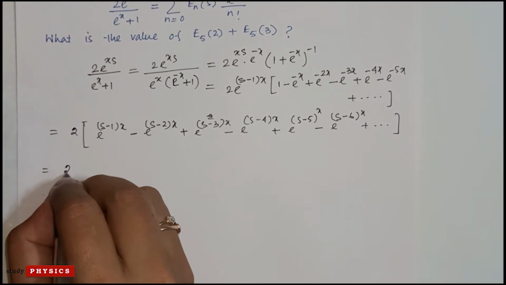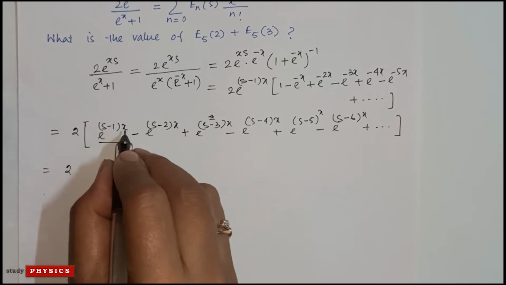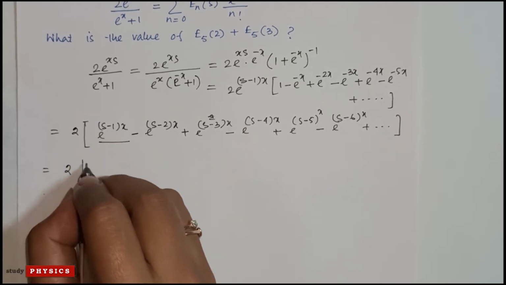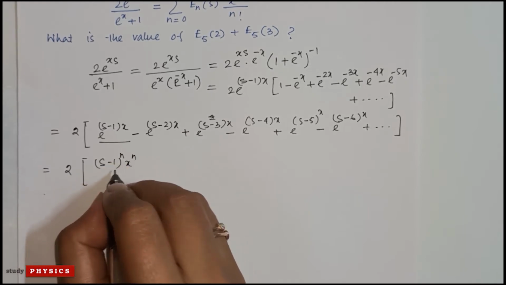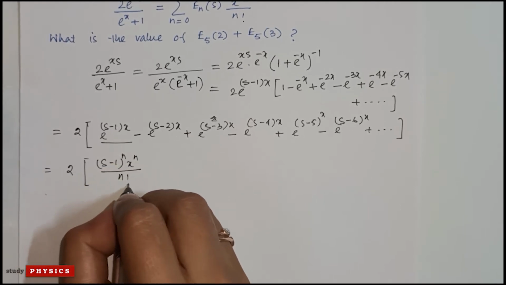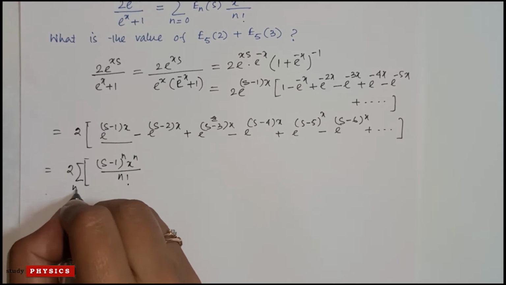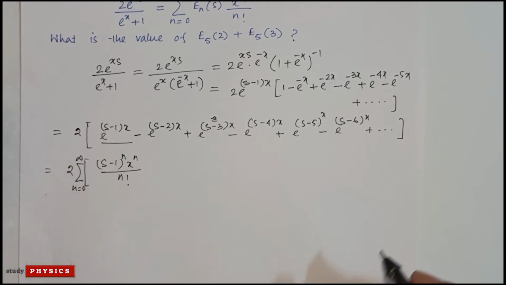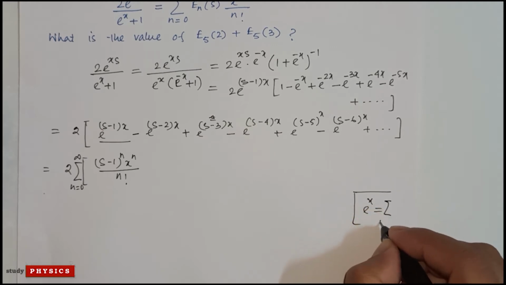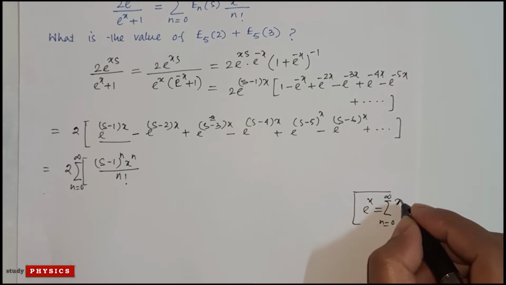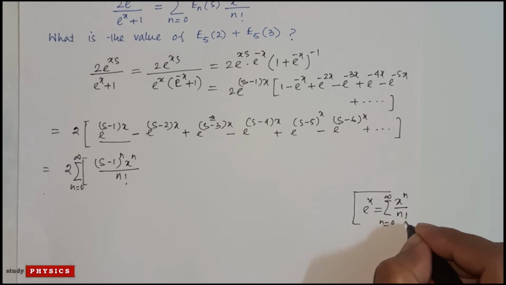So we can write e to the power (s minus 1)x as the summation of n equal to 0 to infinity of (s minus 1) to the power n x to the power n divided by n factorial. Just like that, e to the power x is summation of n equal to 0 to infinity x to the power n divided by n factorial.